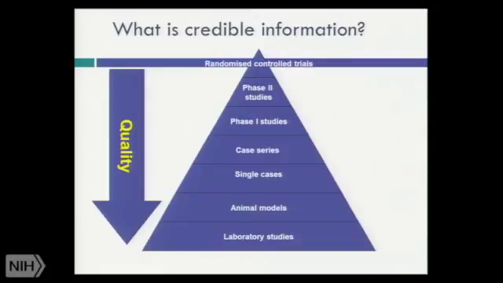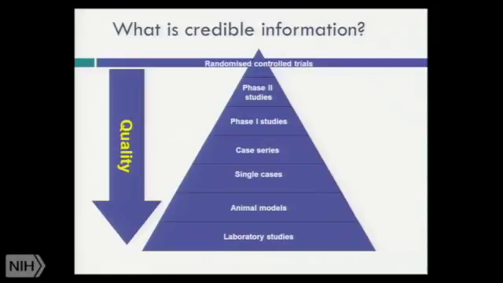Well, this is the medical research pyramid, a hierarchy of the quality and quantity of the studies that go on. Right down the bottom here, laboratory studies. Now, I'm not saying that the quality of these studies is not always high, but their applicability to the real life situation is certainly lower.